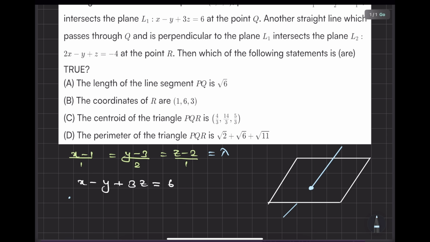So suppose the point Q is, we will equate this with this. Its x coordinate will become lambda plus 1, y coordinate will become 2 lambda plus 3, z coordinate will become lambda plus 2.